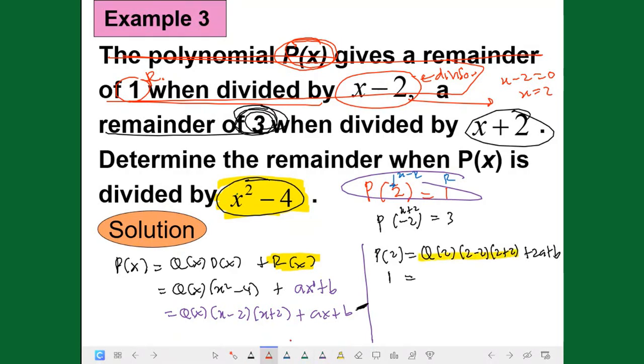Okay, and this is the 2A plus B, 1 equation.